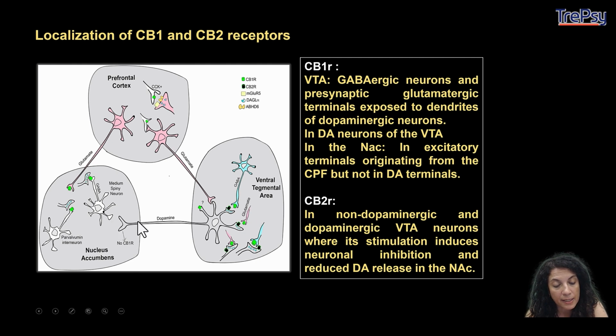I can also see the CB1 receptor in dopamine terminals.